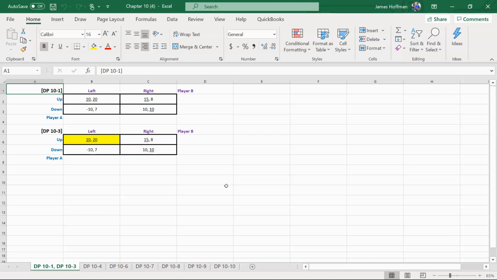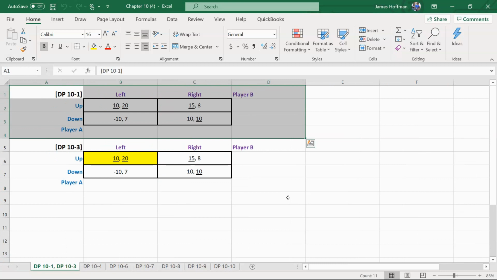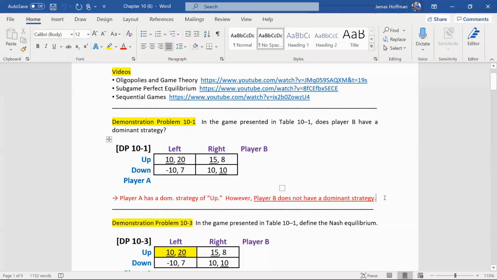I basically just did it in Excel, and then I copied and pasted the result into the Word document. Okay, so there's the first one for demonstration problem 10.1, in which we just determined which players have dominant strategies and which do not.